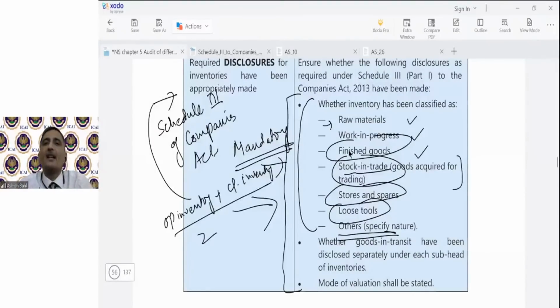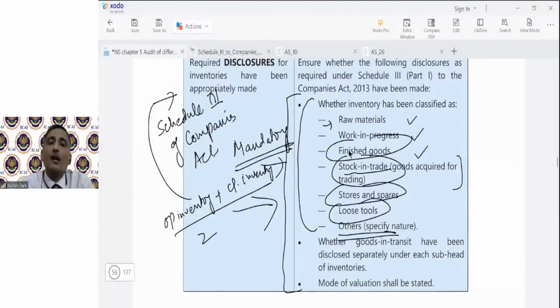Now somebody would say why average inventory is taken, why not closing inventory. The logic is that in some industries, there may be substantial variations between opening inventories and closing inventories because of, say, demand of the product or seasonality of the product.